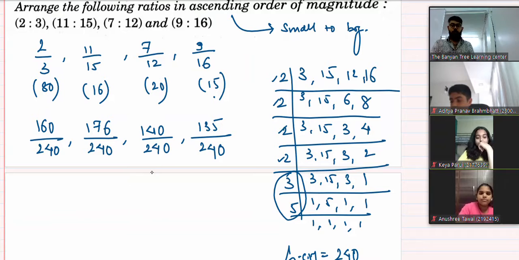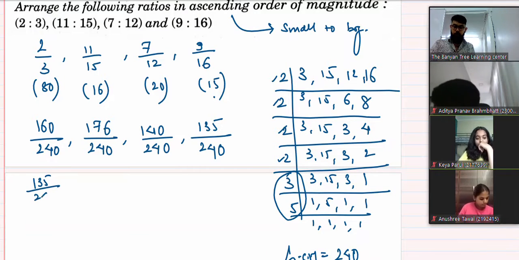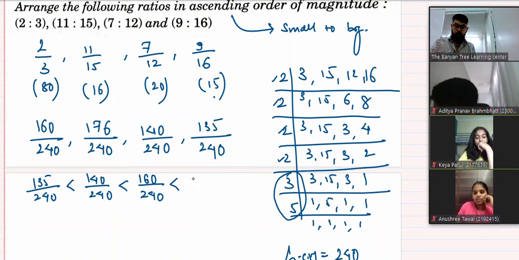Now all the denominators are same. So we can compare small to big. The smallest out of them is 135 by 240, then 140 by 240, then 160 by 240, and then 176 by 240.